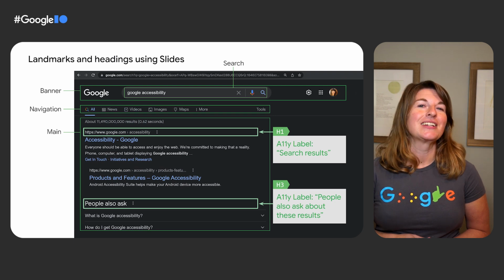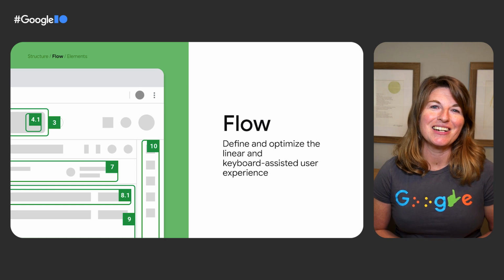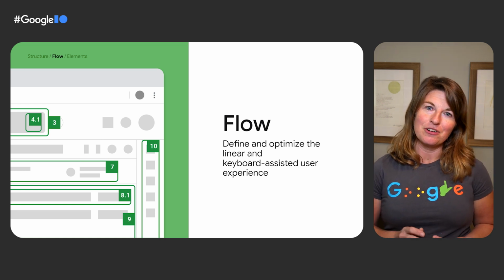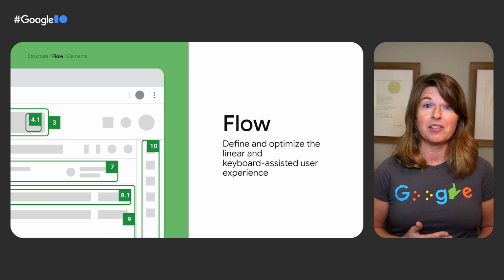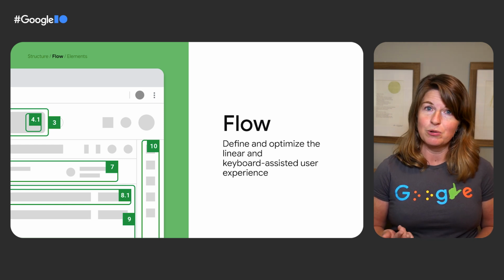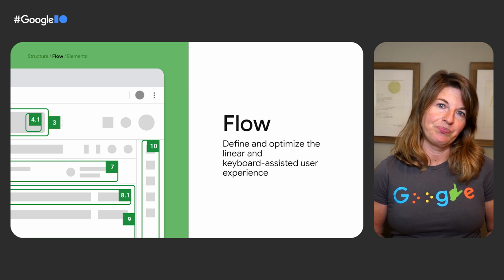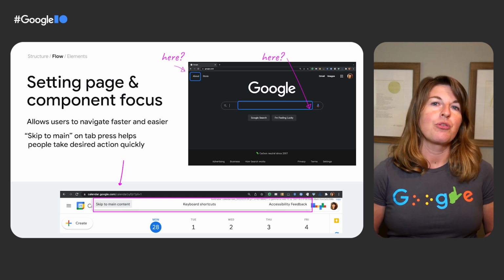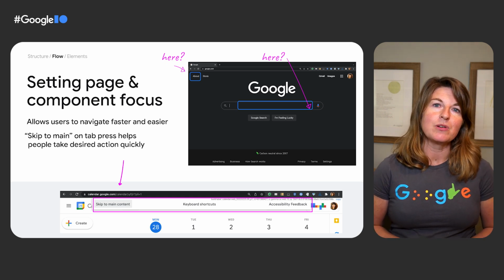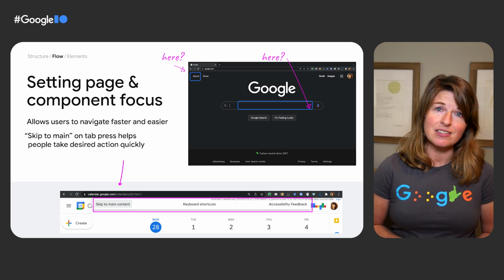So next, we get to talk about flow. Flow is really about thinking through the linear order of your UI. Whether you're a user using a screen reader or a keyboard, or you're swiping on a mobile device, they're going to interact with your application in a linear order. So to help users navigate linearly through the UI, it's important to be really intentional about focus, tab, and arrow key decisions.